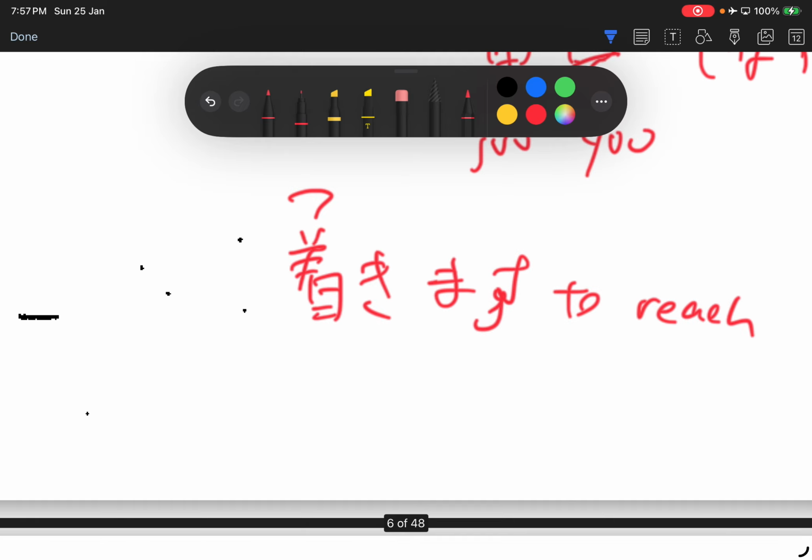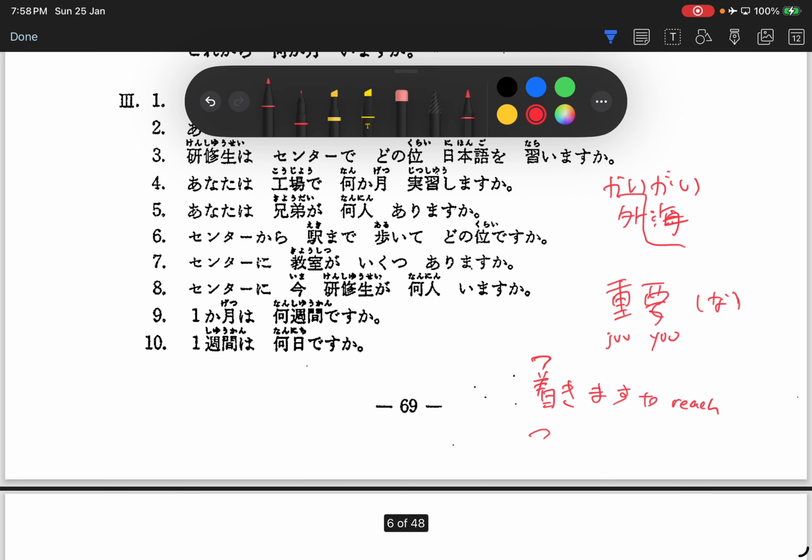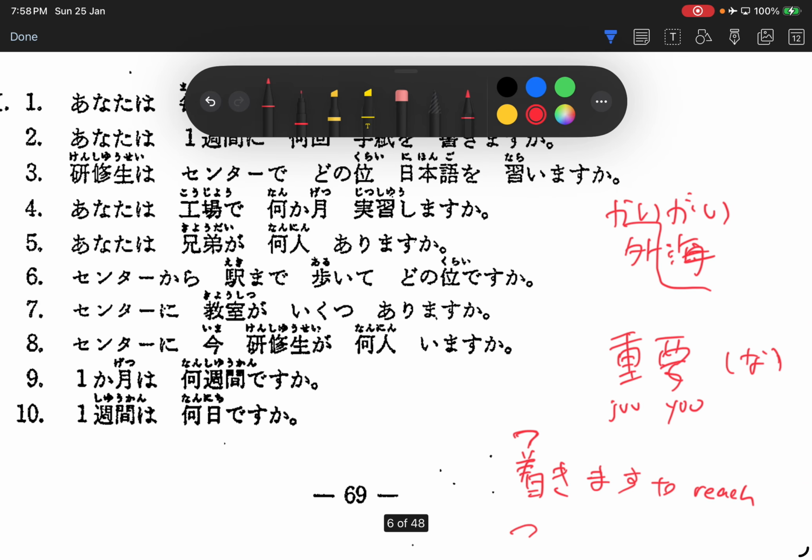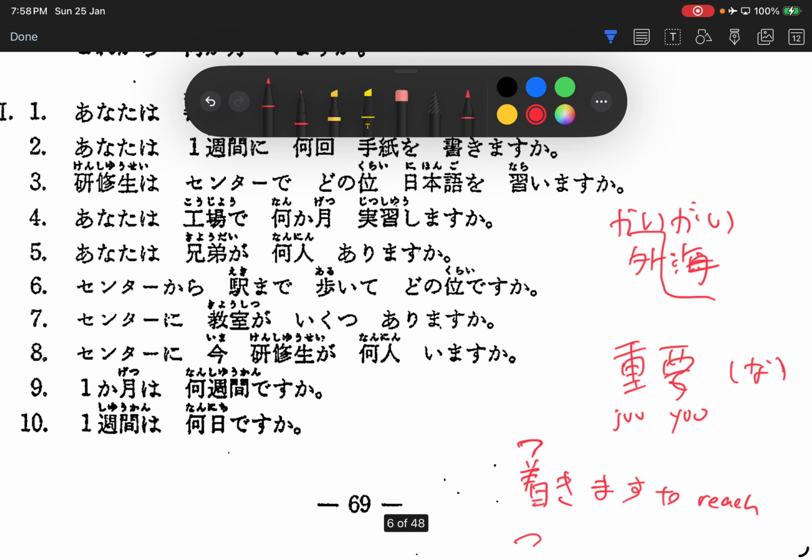着きます, right, 着きます means to reach. Right, to reach. Can? Good enough, huh?